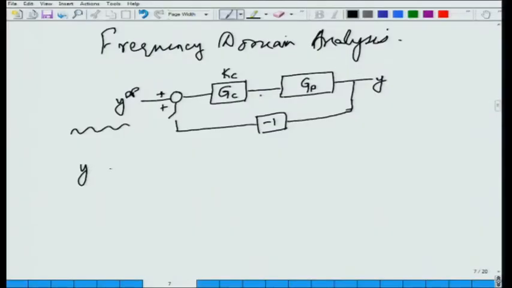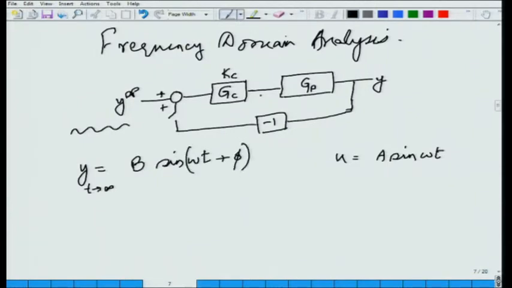If you have a linear system being forced by a sine wave, u equal to a sin omega t, then the output will settle, as t tends to infinity, into another sine wave which has the same frequency and a phase lag.